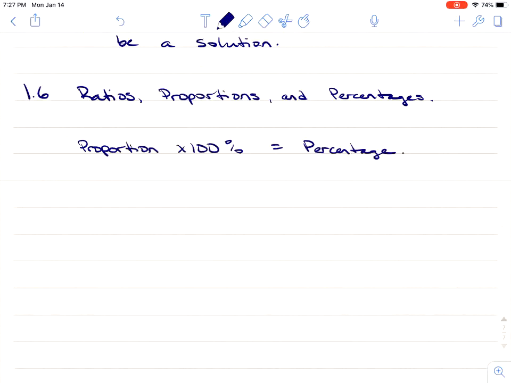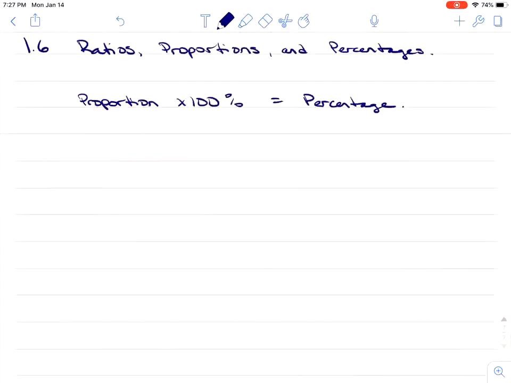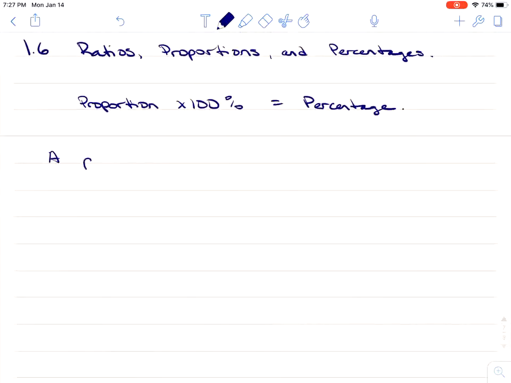Right, so a proportion is the decimal version of a percentage.